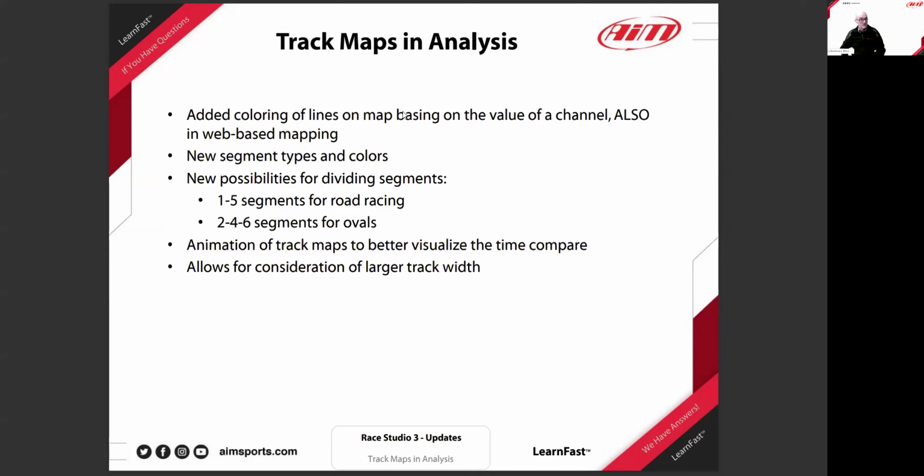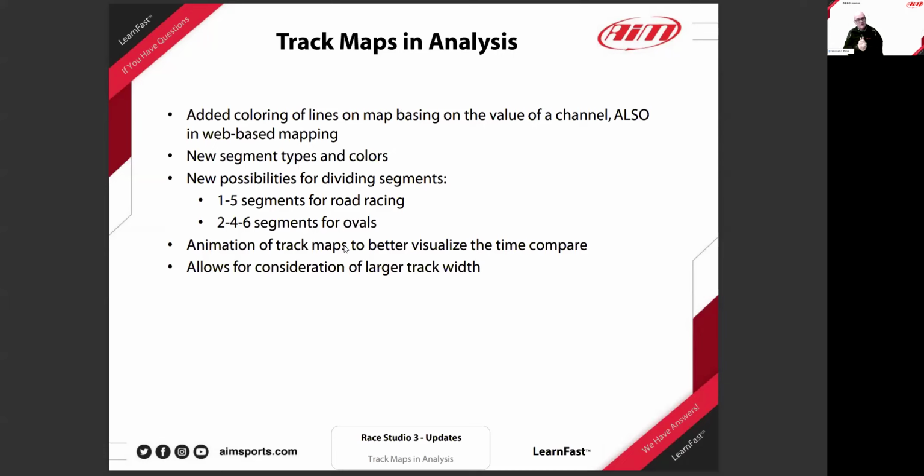This has been very popular in the RaceStudio 2 software, and it has been a recent addition to RaceStudio 3: the possibility to animate maps, to have a time visualization of time compare. So you can see where you gain or where you lose against the competitor, or against yourself in case you load two laps of your own.